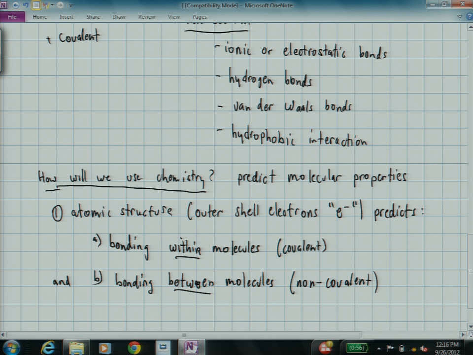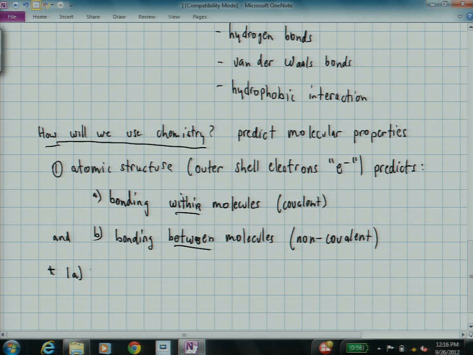So a couple things. 1A above determines the shape of molecules. We'll learn about that and how the shape of molecules is determined.